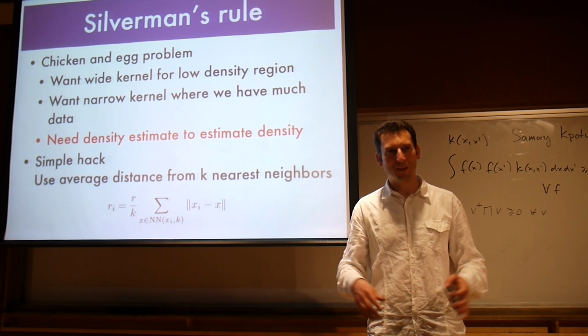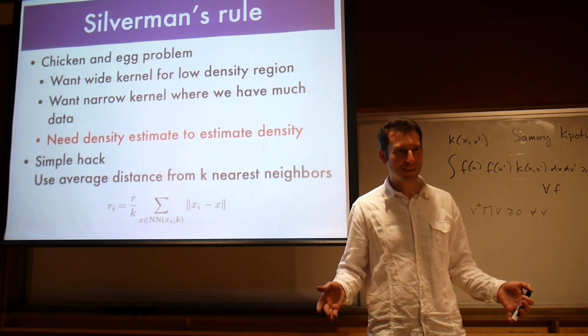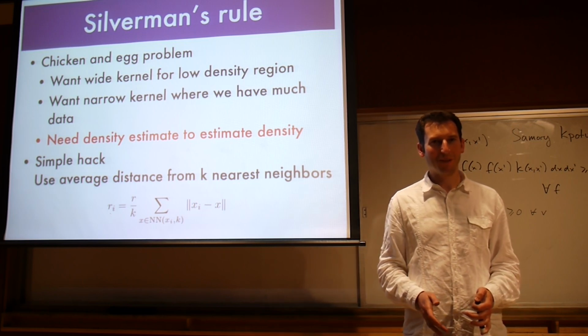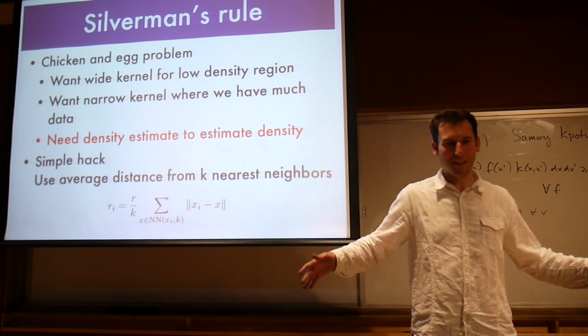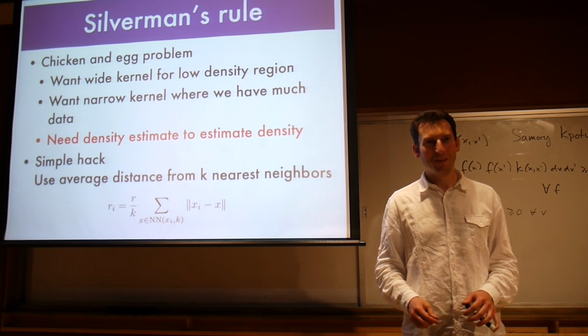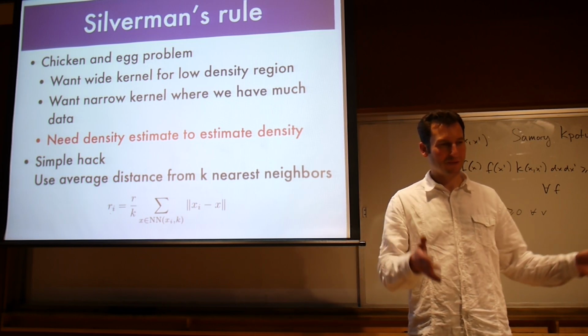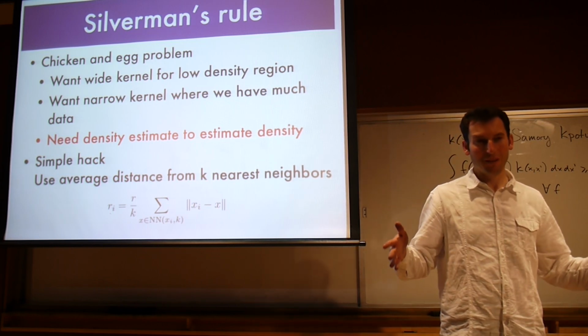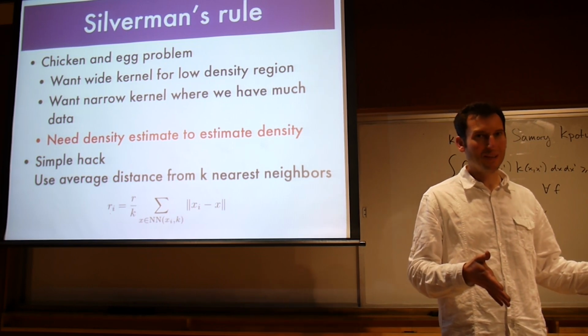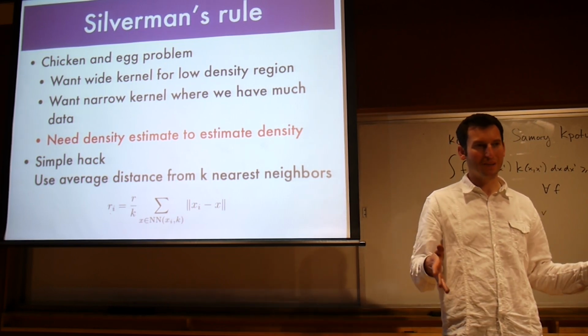Suppose you want to do a population density estimate of the United States, then somewhere in the Midwest, there's a lot of land where there are hardly any people, and then you get cities like New York, San Francisco, whatever, where they have very high population density, but it's still non-uniform throughout the city.